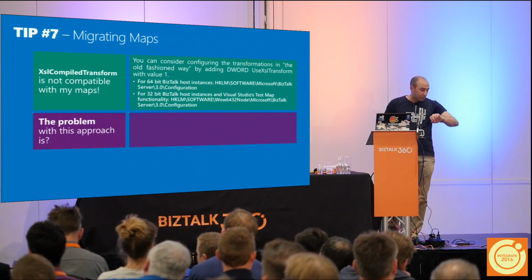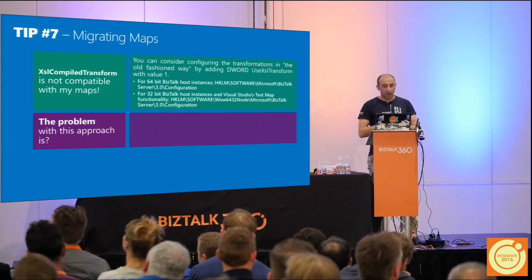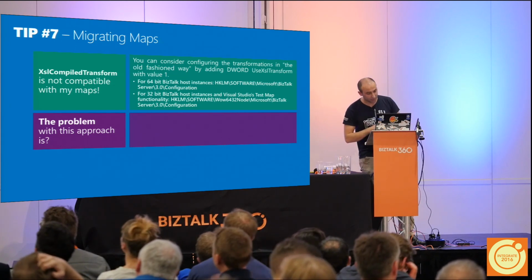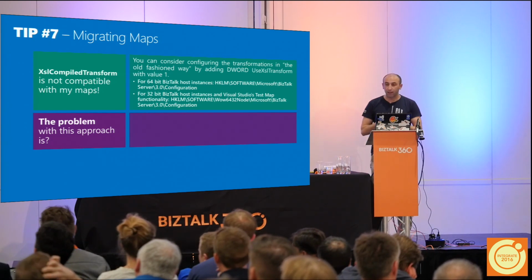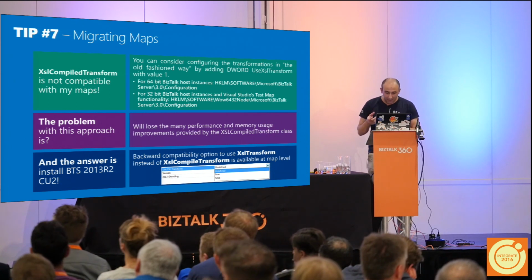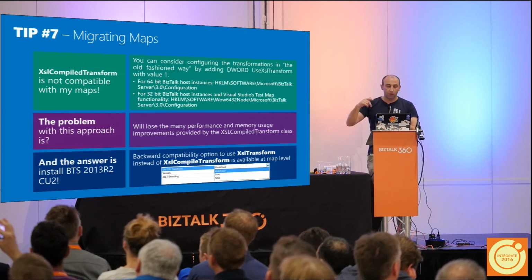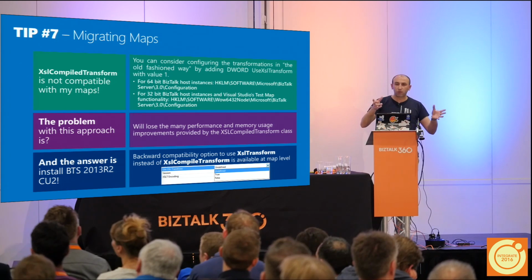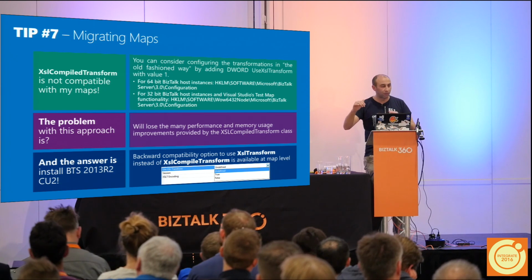Developers, migrating maps. You may be aware that Microsoft, in CU2 of BizTalk 2013 R2, created this new feature, the XSLT compilation transformation. You can choose in the map between the old one and the new one. Previously, if you wanted to migrate the maps, you went to the registry to change configurations.